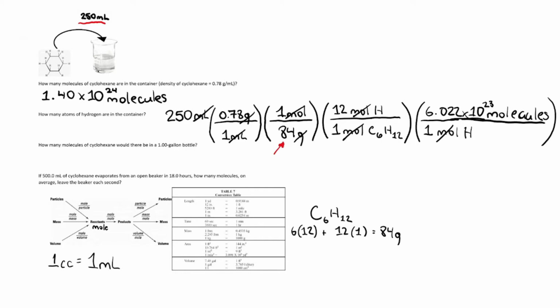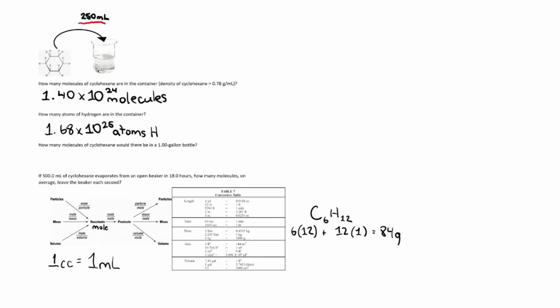We're left in molecules. Now after that, you multiply across the numerator and the denominator and then divide. And so I made a slight mistake. Molecules here is the same calculation to get atoms. And so what we end up with in our final answer is 1.68 times 10 to the 25 atoms of hydrogen. And that's it for that one.